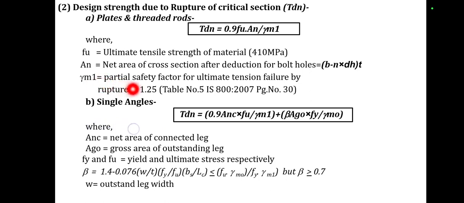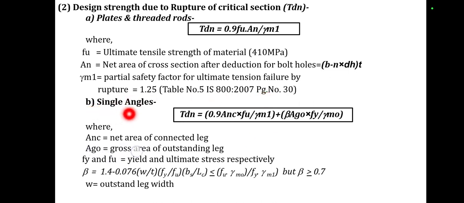Gamma m1 is the partial safety factor for ultimate tensile failure by rupture, which is equal to 1.25, taken from Table 5, page 30 of IS 800:2007.